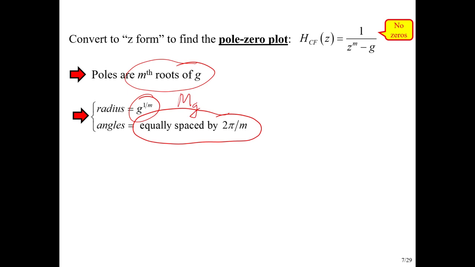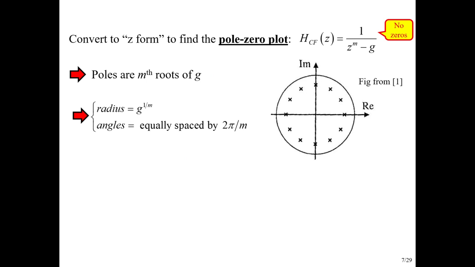And so the poles are all going to be at positions m sub g e to the j k 2 pi over m. Remember, m is fixed. It's a parameter set there. And this k is just making us go around the unit circle, or around the circle spaced by 2 pi over m. So it ends up looking like this.